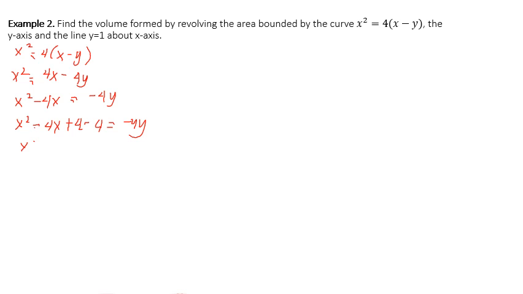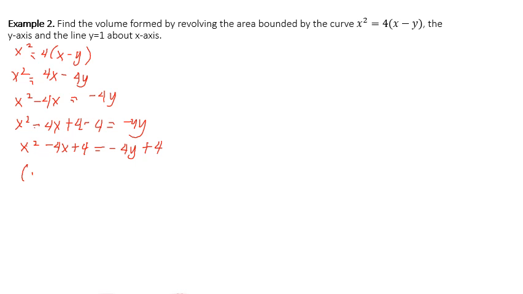I need to complete the square. This is x squared minus 4x plus 4. Transpose negative 4 to the other side of the equation, so we will have negative 4y plus 4. So I need to transform my equation of the parabola into its standard form.